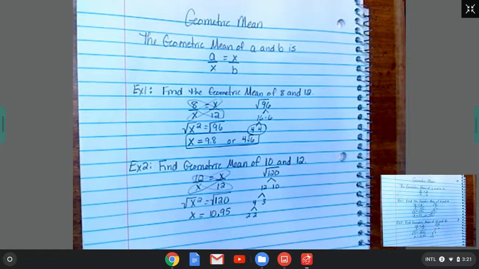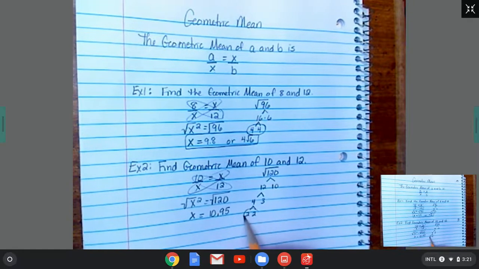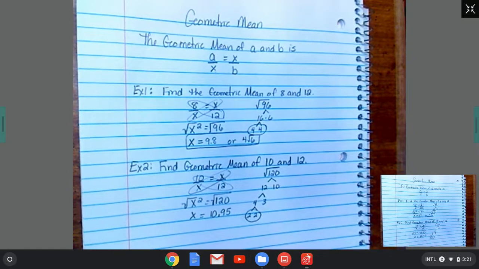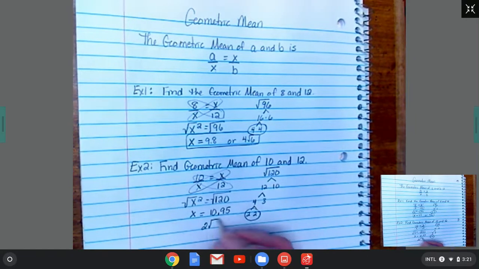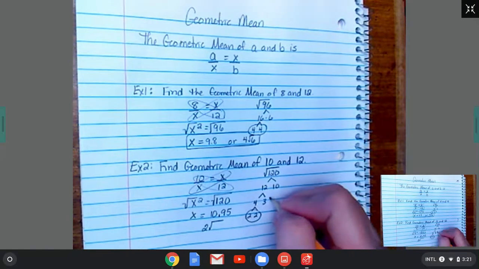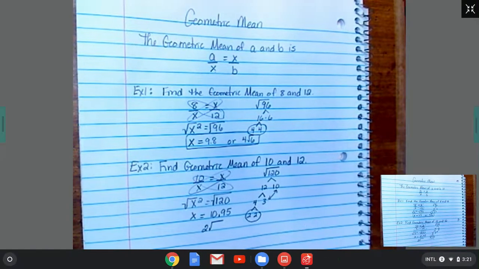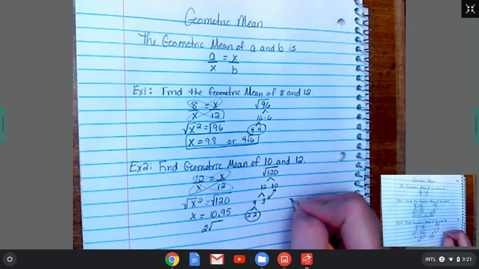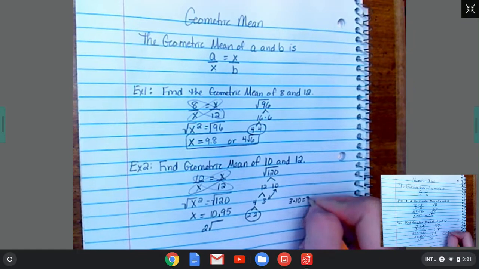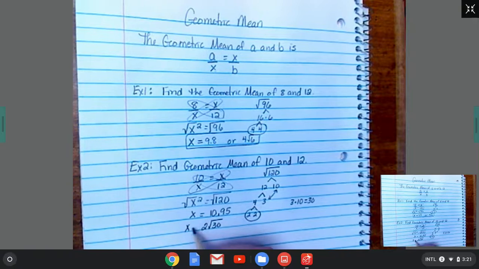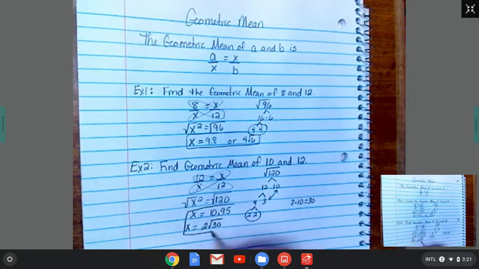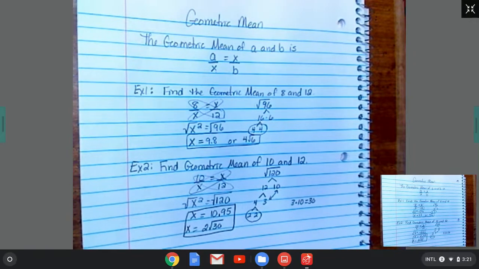So I have 2's as equal factors. So 2 comes out. Everything else stays in. So I have 3 and 10 that have to stay in. So I multiply those together. 3 times 10 is 30. That stays in. Two radical 30.